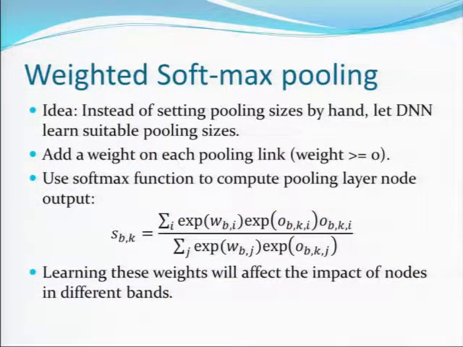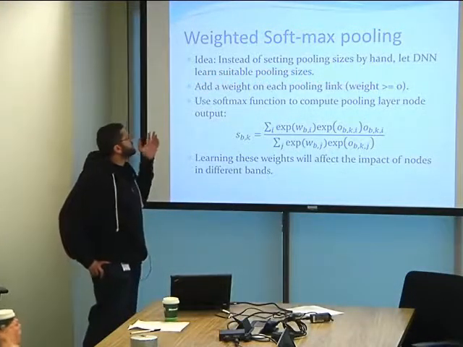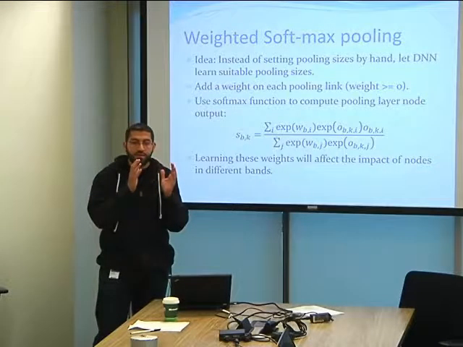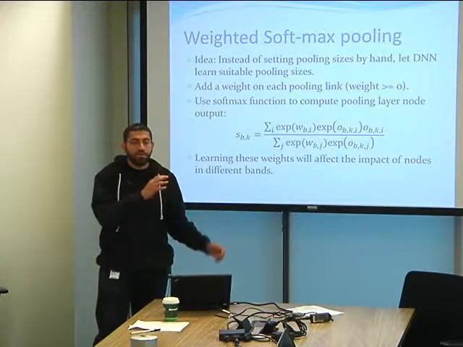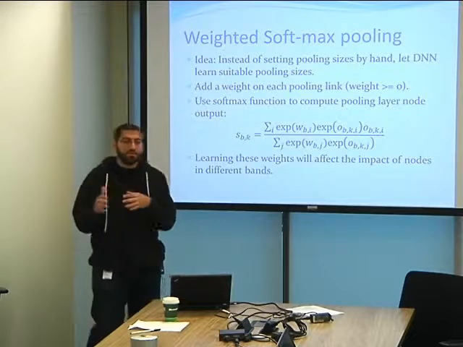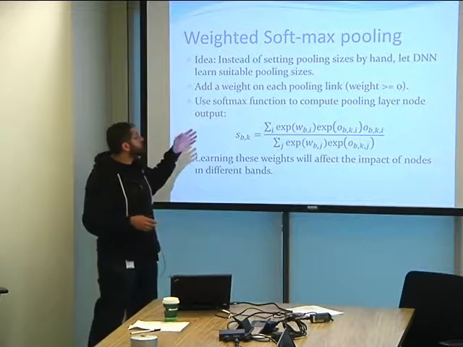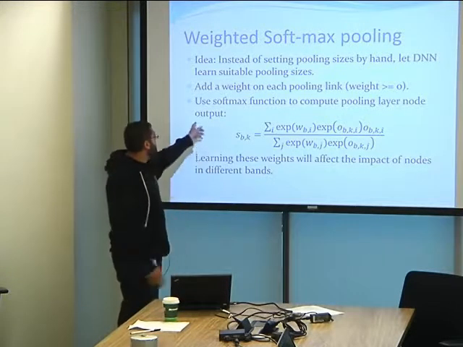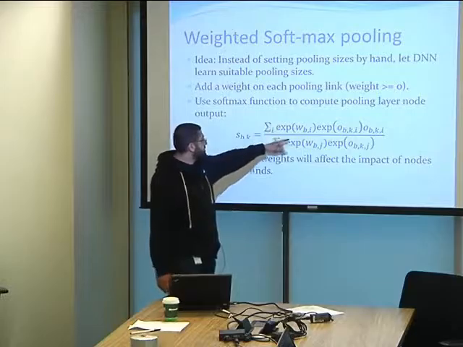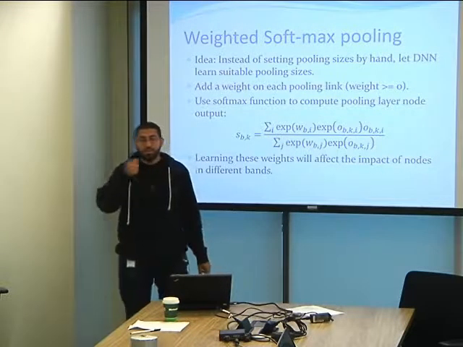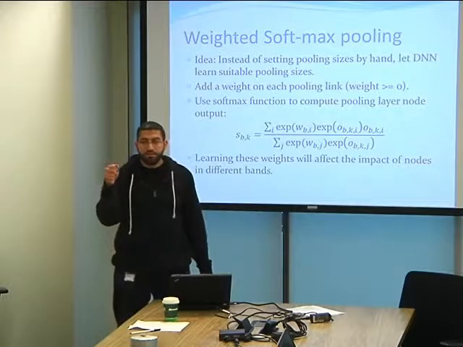The other modification: instead of specifying how many feature maps per pooling size, we tried to make the neural network learn the pooling weights automatically by using this softmax function and adding a weight on each arc to the pooling node.